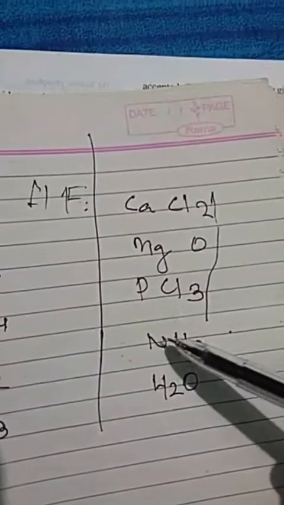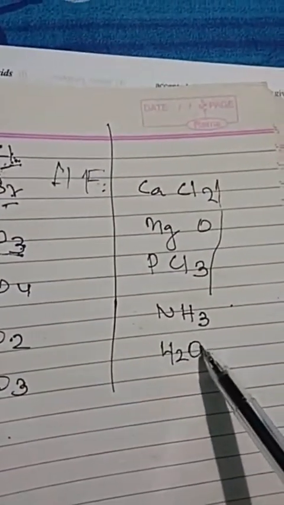There are certain rules for naming compounds, but there are certain compounds, very few in number, that are exceptions. Here it is mononitrogen trihydride or nitrogen trihydride.